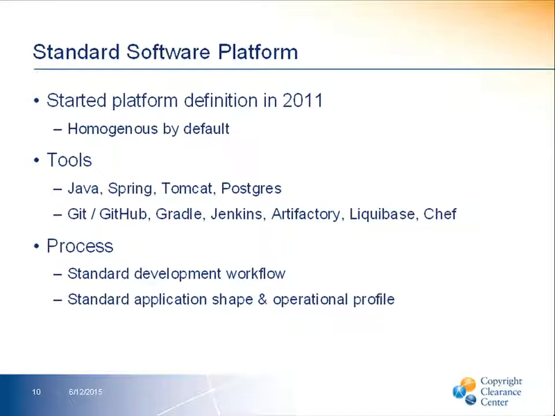So a standard development workflow for all the developers, and a standard application shape and operational profile. So as applications go from dev to test down the line into production, you want them to look the same in certain ways so that the people deploying them and managing them over time don't have to learn 12 different ways of doing things.